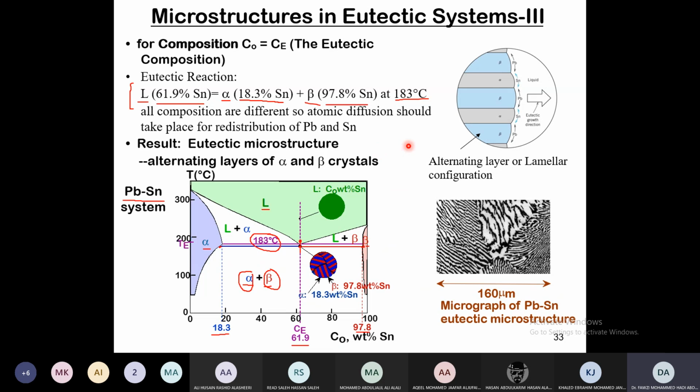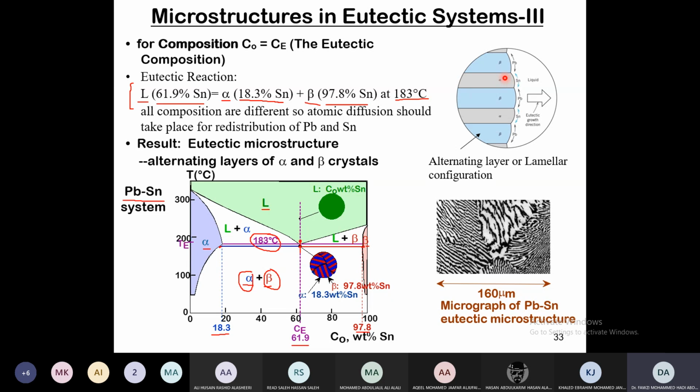So the material actually cheats in this way as well. Since it does not have time, and you have very little time for that transformation, the material does the same thing. Because it needs to develop two different phases with drastically different compositions, in some segments or some layers of the material, it pushes the tin to the sides in order to make the rich lead area there, and the lead goes to that side and this side, and since the lead is here, the alpha is going to form here and the alpha is going to form here.